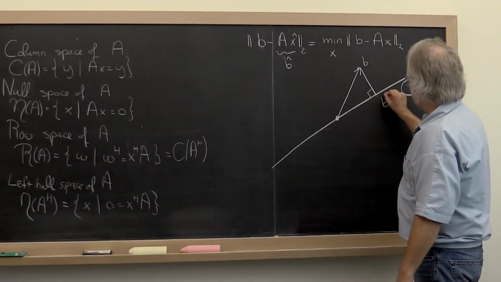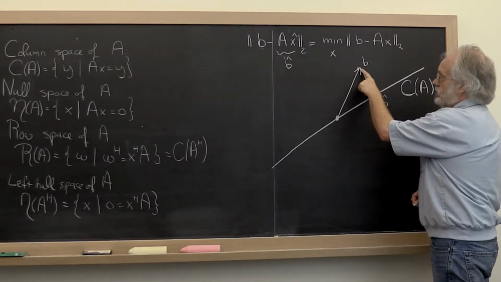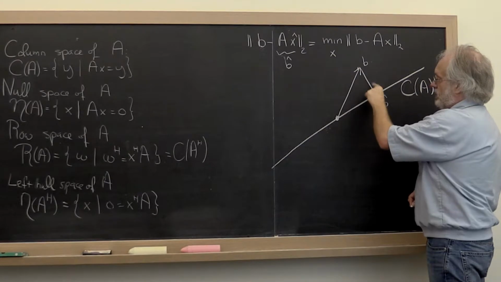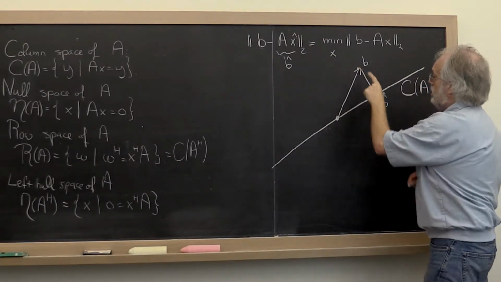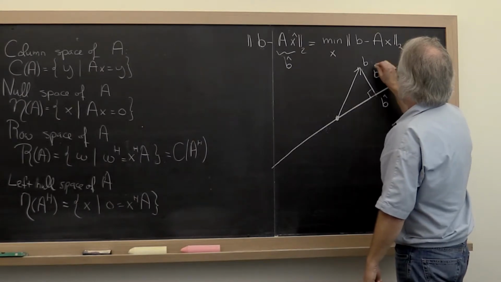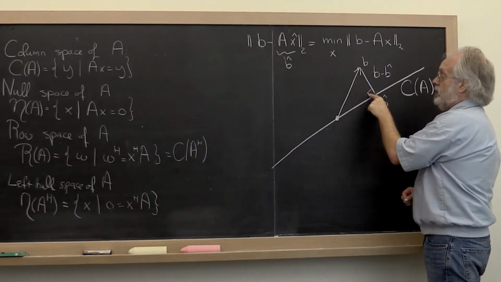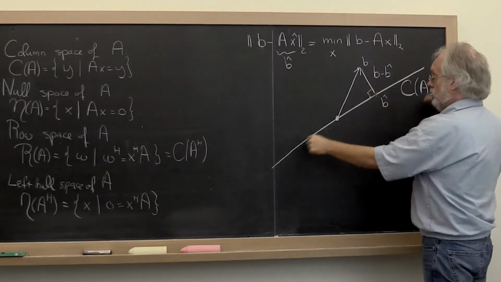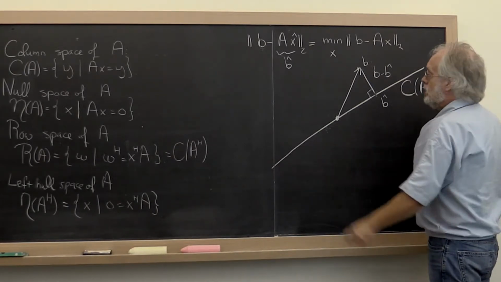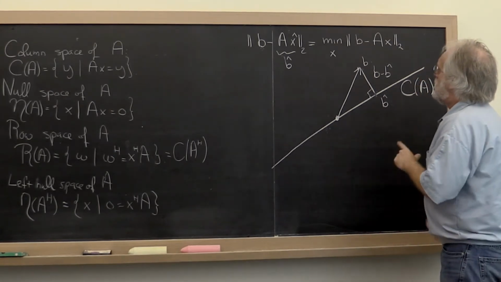So our b hat is the point in the column space of A that is closest to b, and if you think about it, if it's closest to b, then this vector right here, which is the difference between b and b hat, has to be perpendicular, orthogonal to our space.